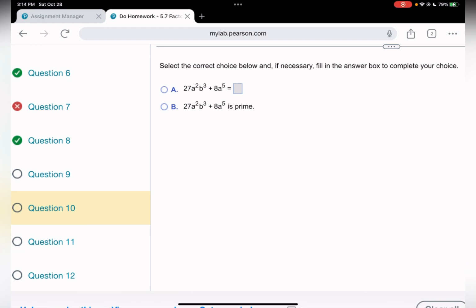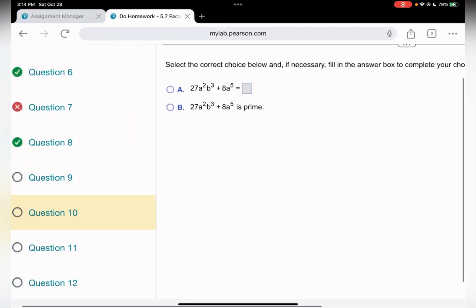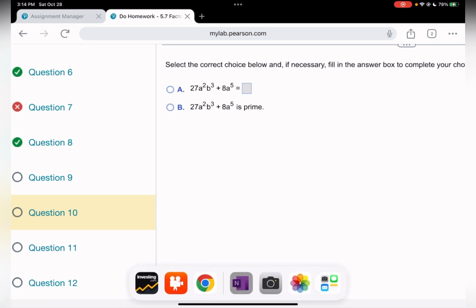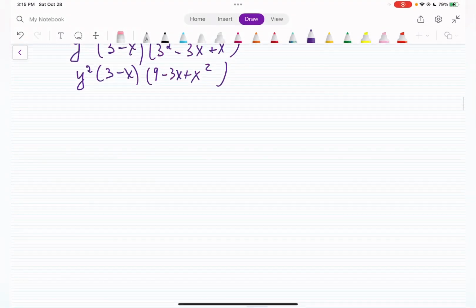This time it's going to be the same way, but we're going to take a common factor. And what is going to be the common factor? A squared. Okay, let me do this one. What do I have? 27 a squared b cubed plus 8a to 5.